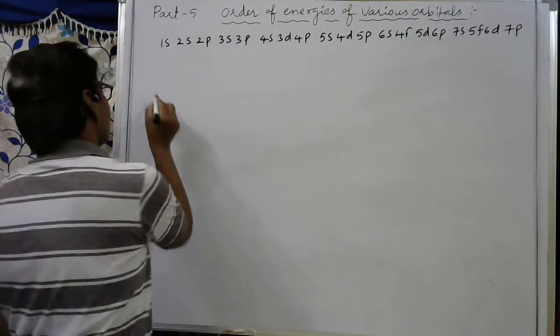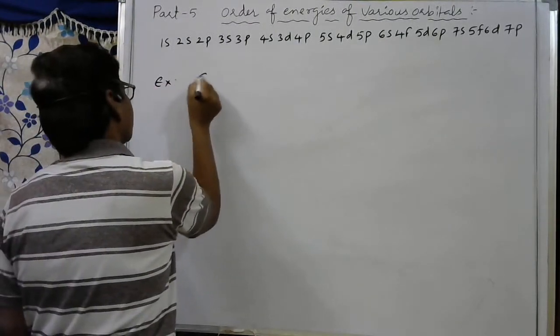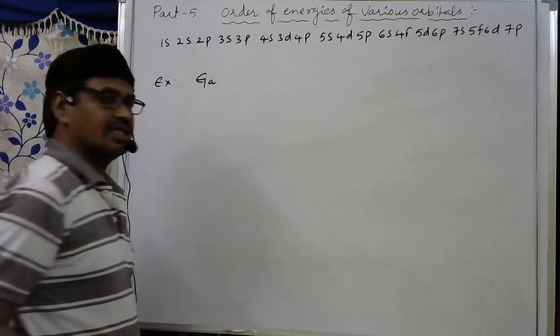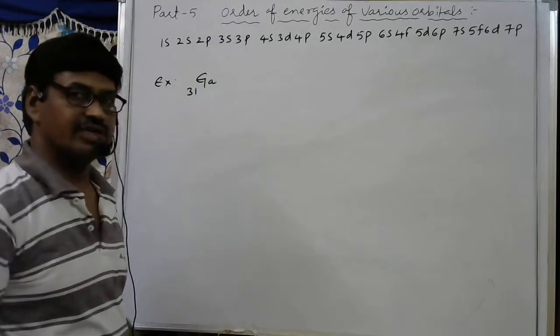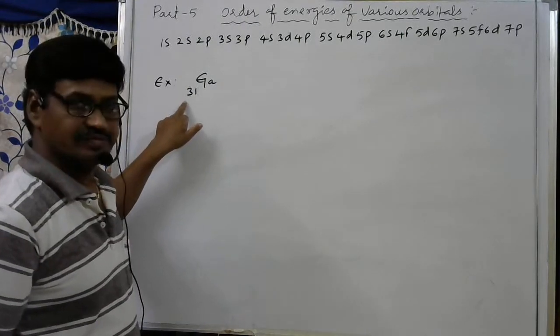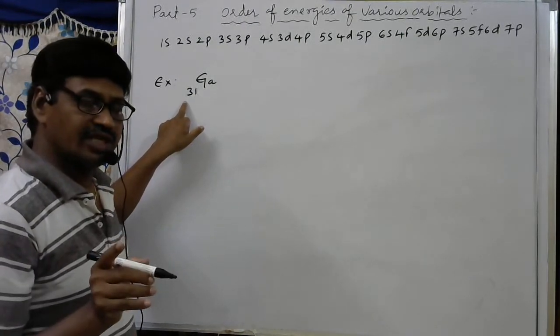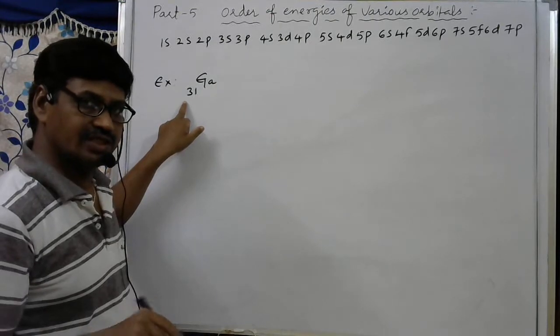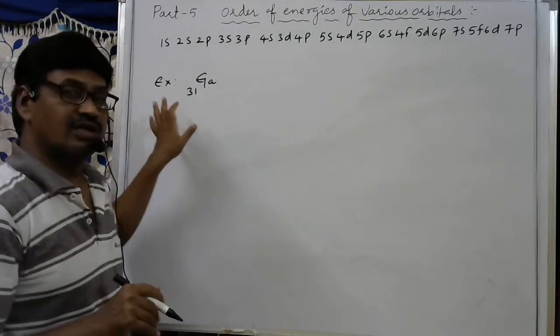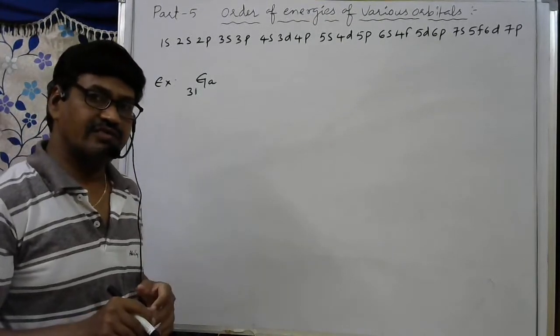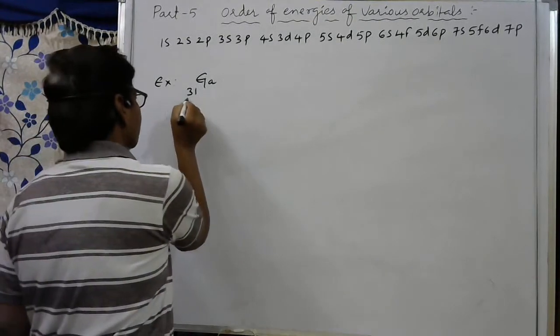So what example am I giving? Gallium I am taking. Gallium atomic number is 31. Always we have to write the atomic number at the bottom. Up to 30 elements are given in previous sessions; in that video you can get all atomic numbers with their atomic weights.